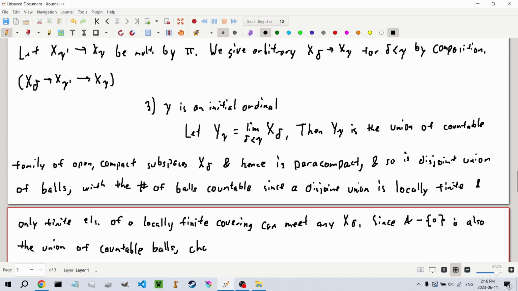we can choose an analytic isomorphism phi gamma from y gamma to a minus 0.